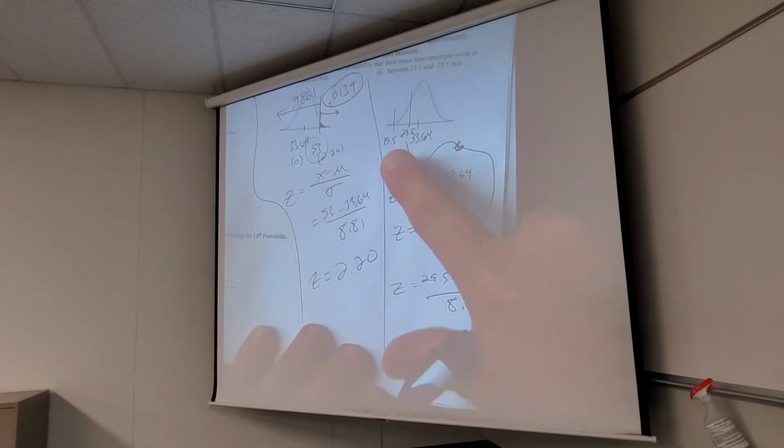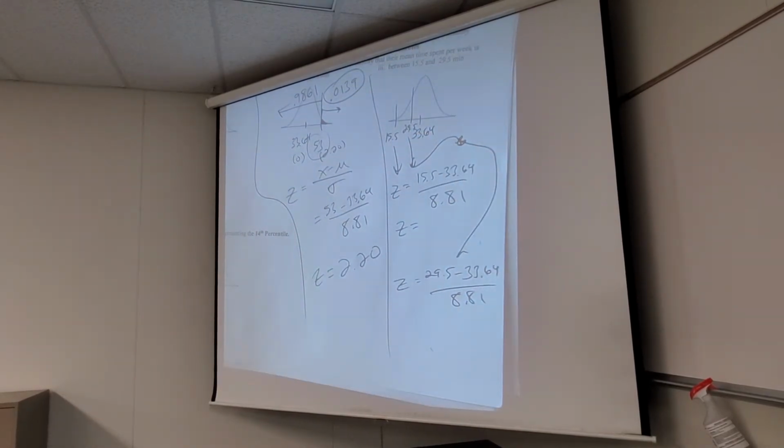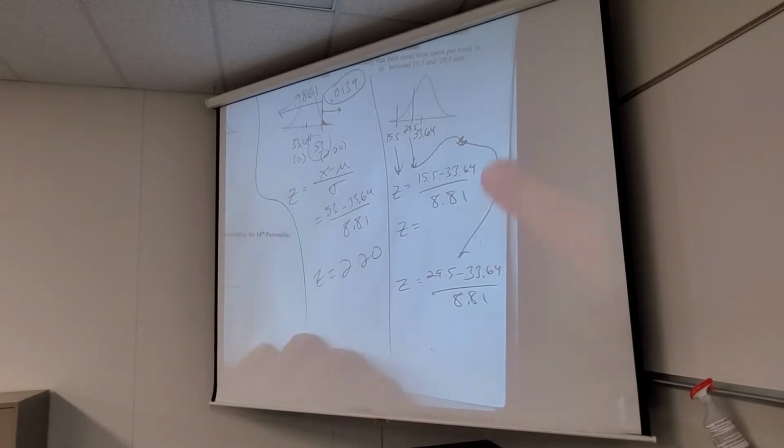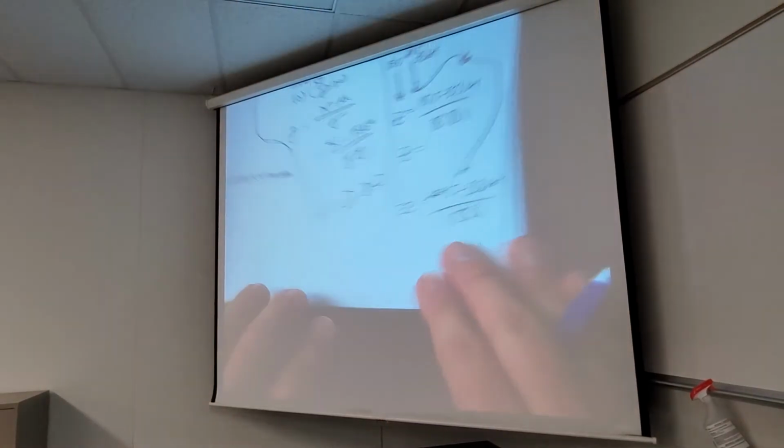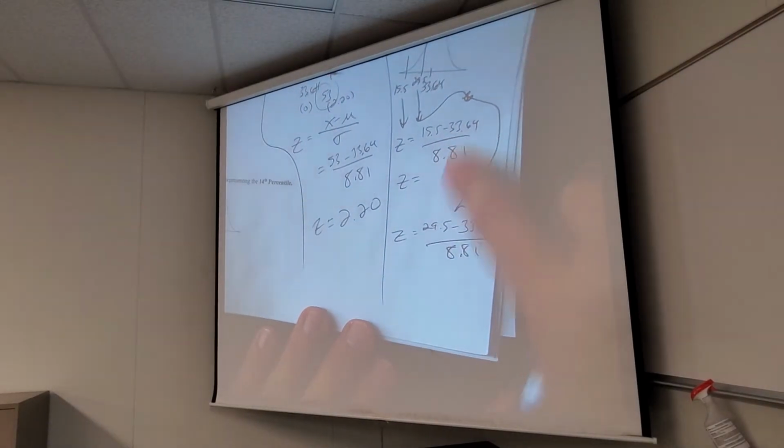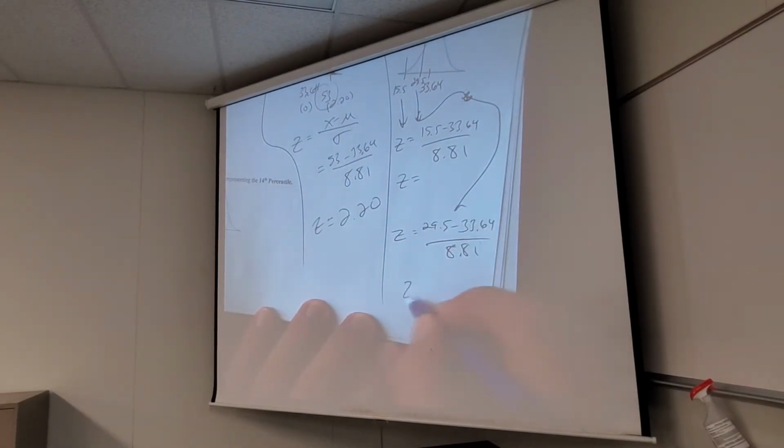So I need to convert both of those numbers into z-scores. I pointed out last time that this problem is exactly the same as that problem was. They just aren't z-scores yet. So go ahead and try to convert both of those into z's.